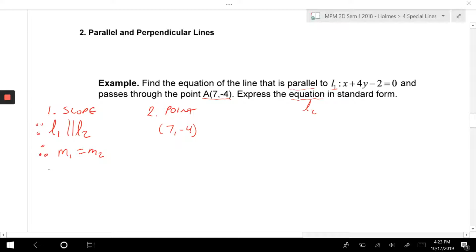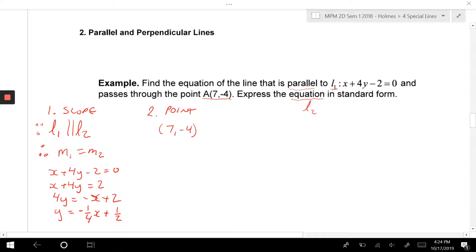So if I rearrange my equation, I've got x plus 4y minus 2 equals 0. If I put that into slope-intercept form, add 2 to both sides, and then subtract x from both sides, and divide both sides by 4, 2 over 4 is going to become 1/2.